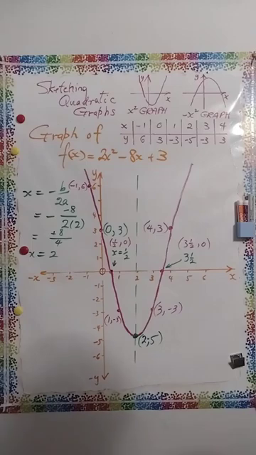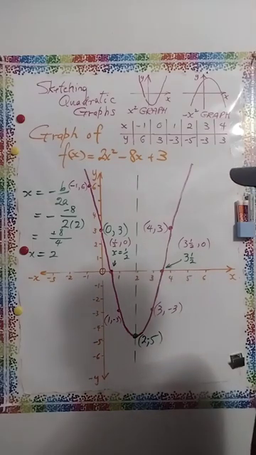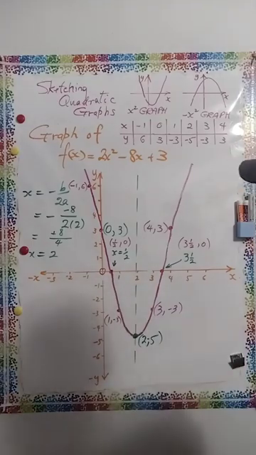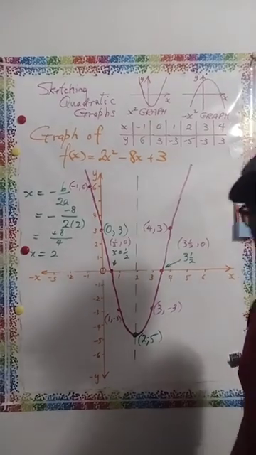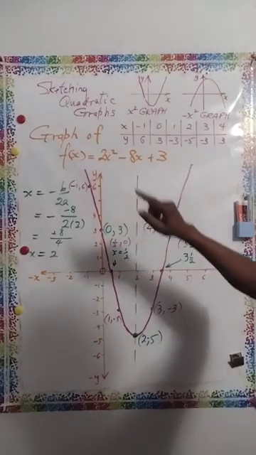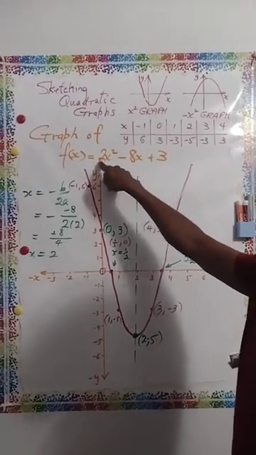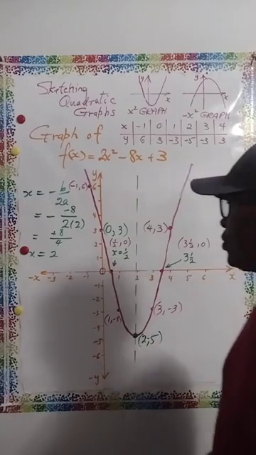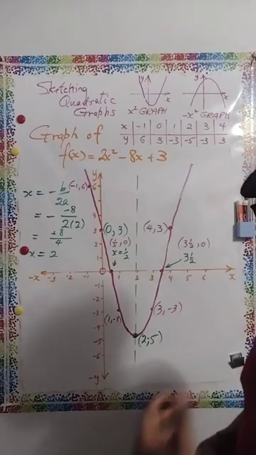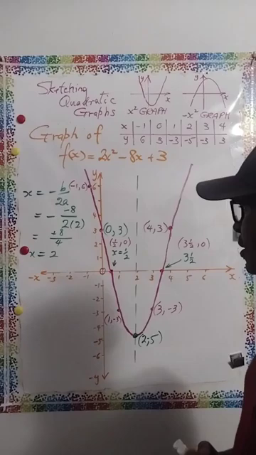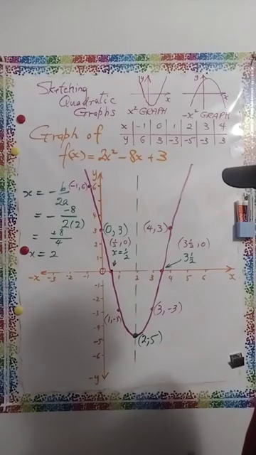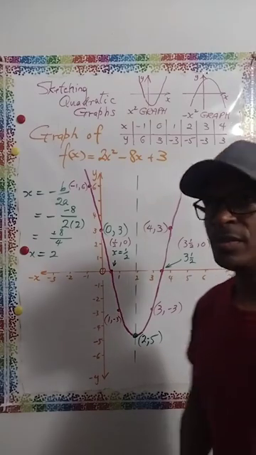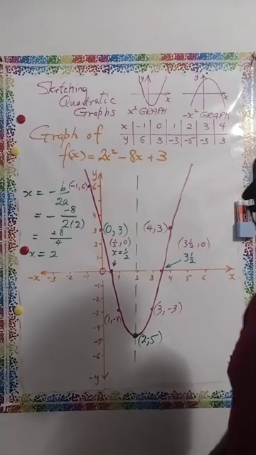Good, so closely examine it, note what was done, and of course, this is basically what constructing a parabola where the coefficient of x squared is positive entails. What you can possibly do, of course, is revisit the video for reinforcement purposes and see what you would have missed.